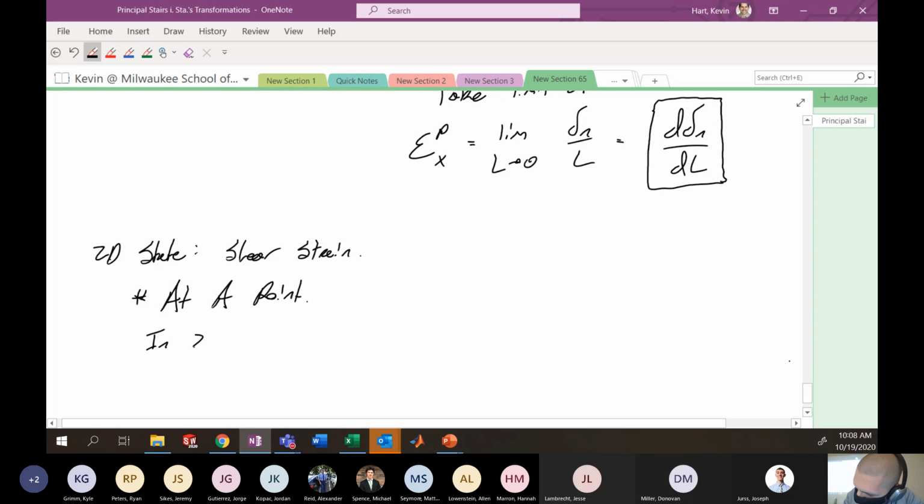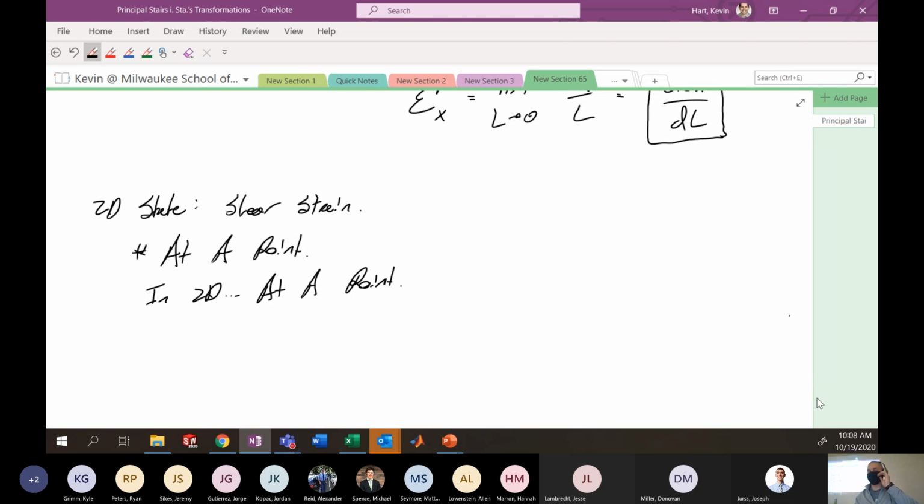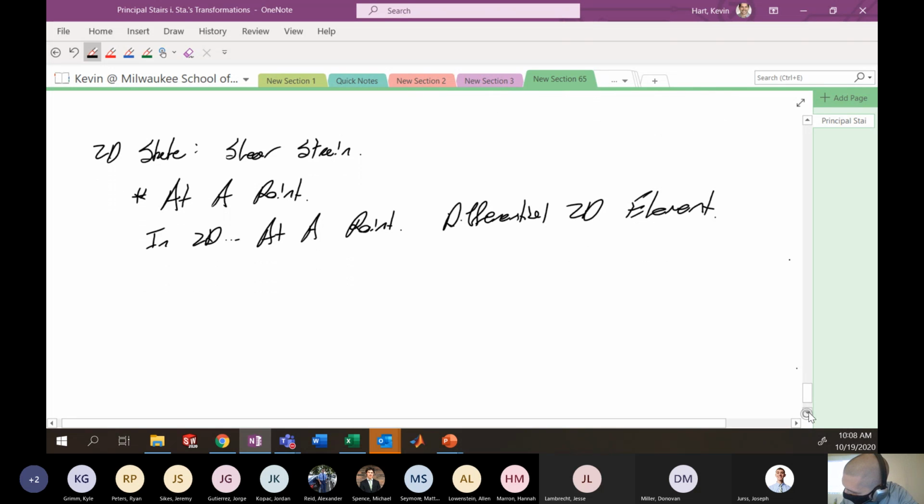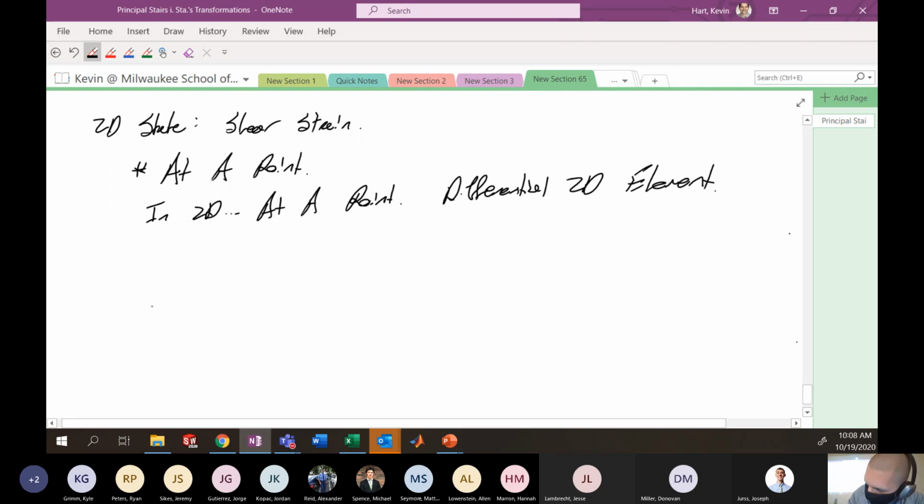So in 2D, at a point, you might have some small infinitesimal lengths of your pieces. So a differential 2D element that, let's say, looks like this.